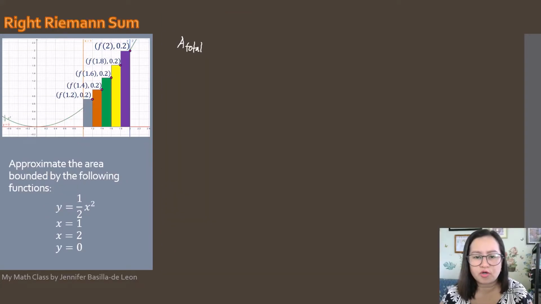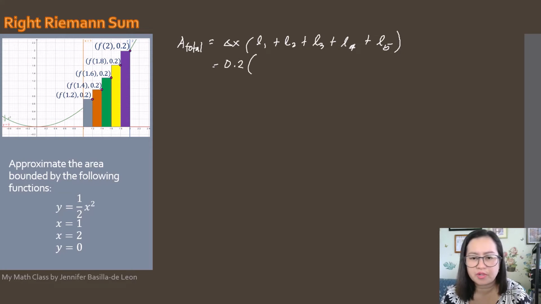We can use the formula delta x times the sum of the lengths of the rectangles, replacing delta x by 0.2 and all the other variables by their values.